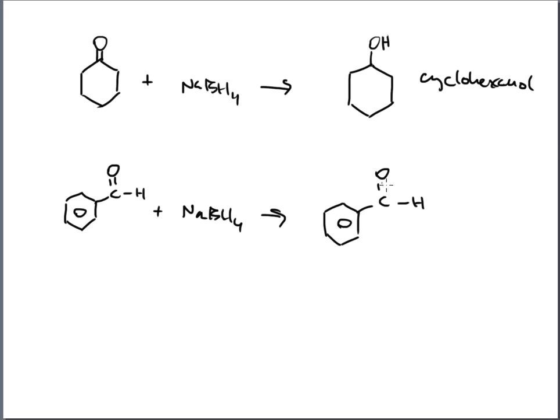Then I'm going to the double bond, and a hydrogen has been added onto that carbon from the sodium borohydride. That created a negative oxygen, which is not going to stay around. We're probably incorporating acid in some form or fashion, and when we do, that turns into an OH group. So folks, there's the product for that reaction.